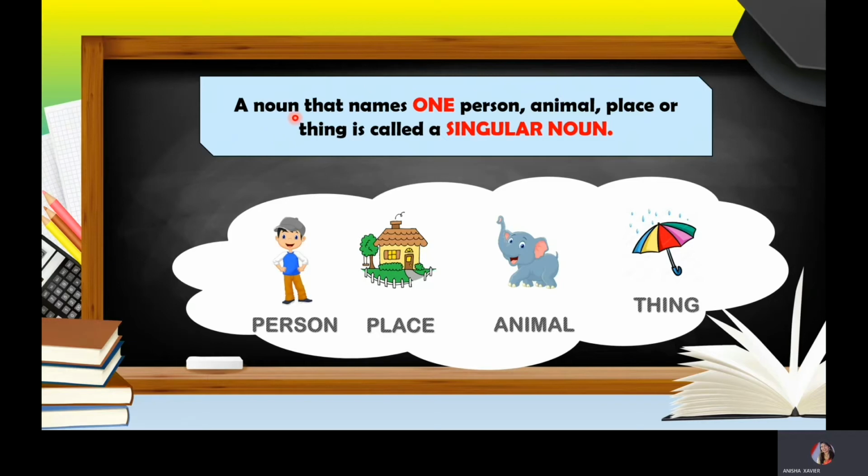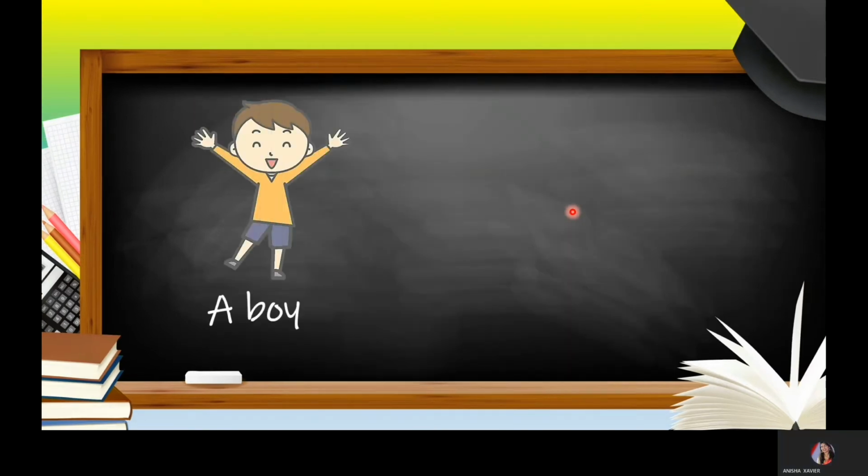Repeat after me: a noun that names one person, one animal, one place, or one thing is known as a singular noun. You remember in class 1 we did one and many. There we used to say one. From class 2 onwards, you're going to say singular noun. Is it clear?